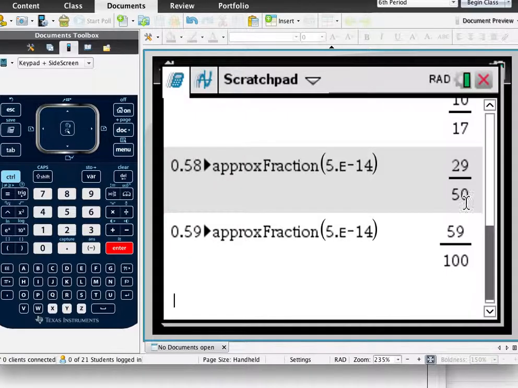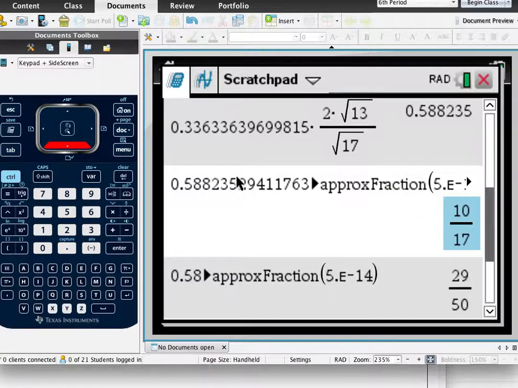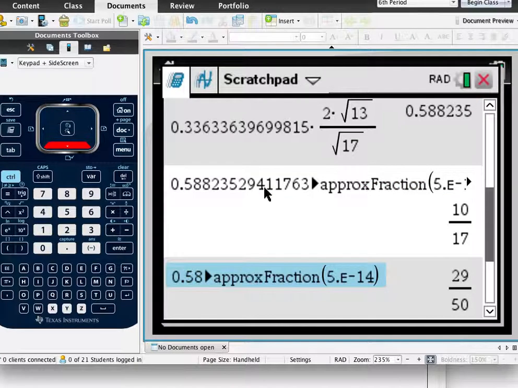Okay, that's still not giving me the correct fraction that I got right here. Okay, so when you are doing calculations with previous calculations that have tons of decimals, don't just type in like 0.59 here. Use the full thing, okay?